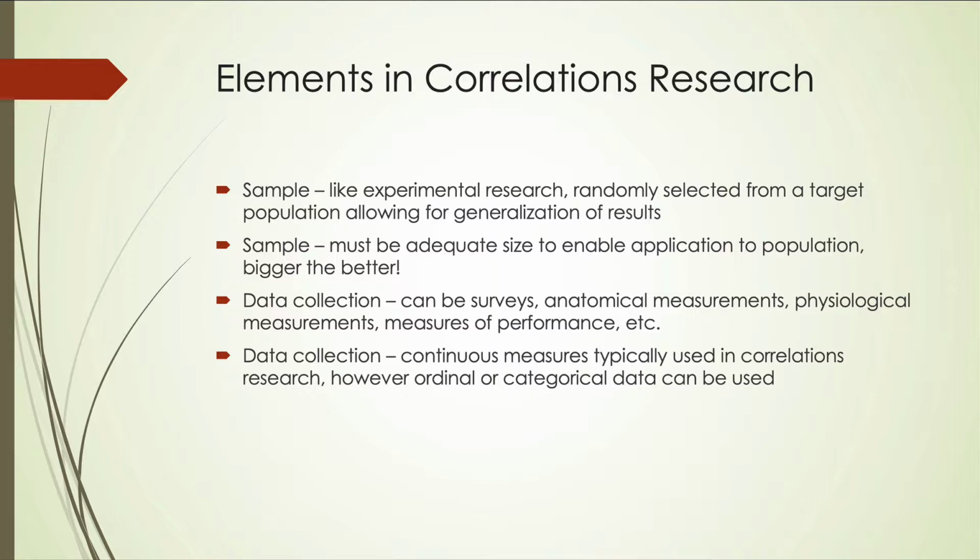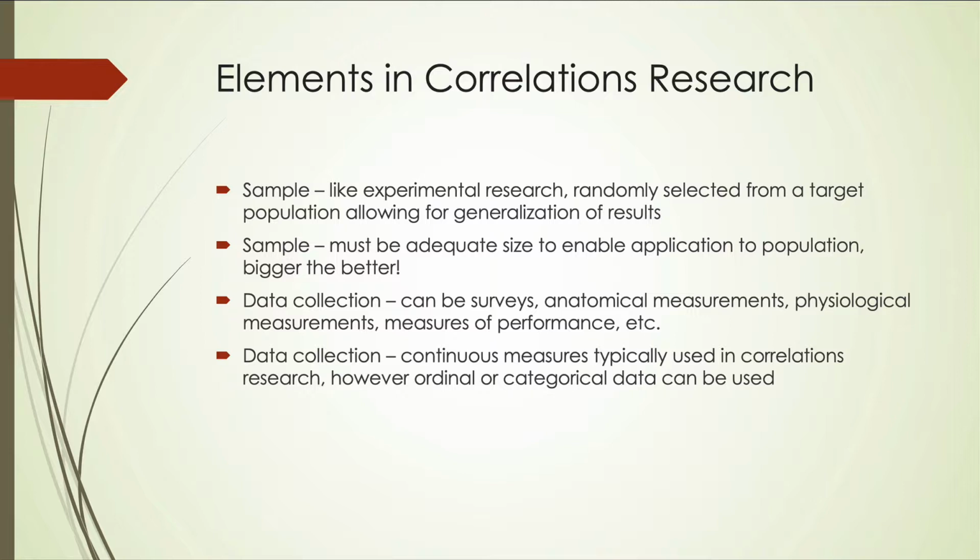And again, the more you can select and measure, the better. Data collection in correlation research can be anything where we're collecting continuous data. So this can be from surveys, anatomical measurements, physiological measures, measures of performance, and so on. Typically, it's going to be a continuous measure.